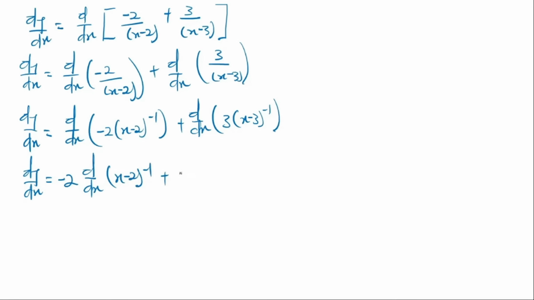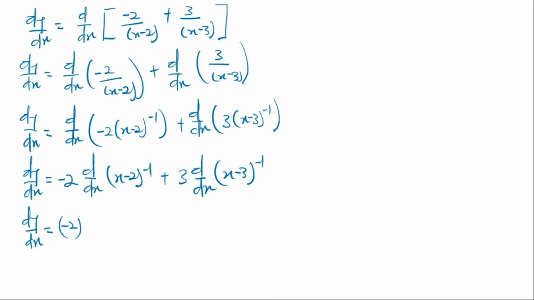Then we do the same thing over here, we have 3 outside, d dx of just x minus 3 to the power negative 1. Alright, so dy dx is now equal to what? We still have this negative 2 over there.